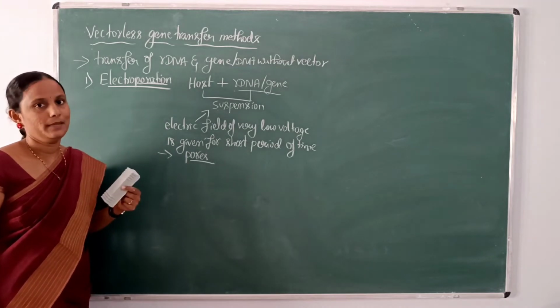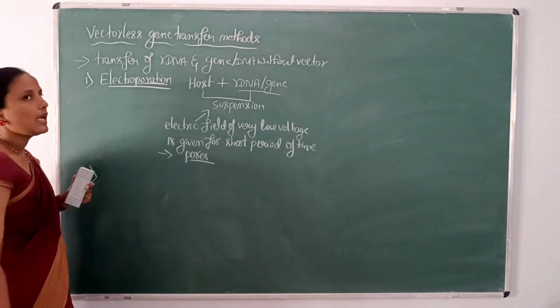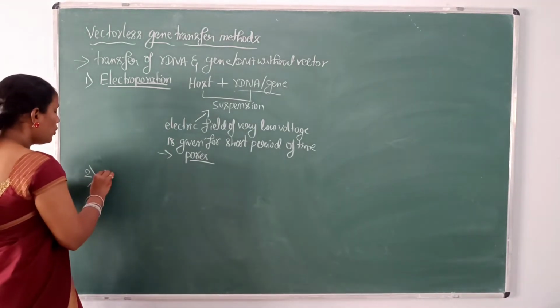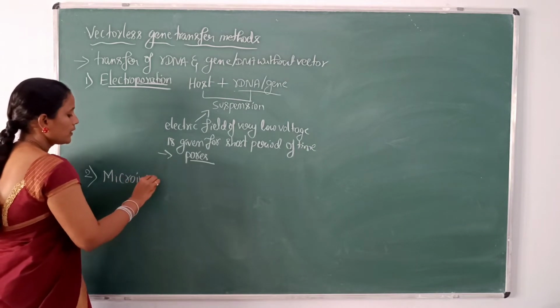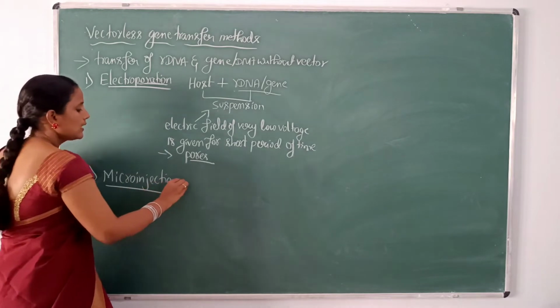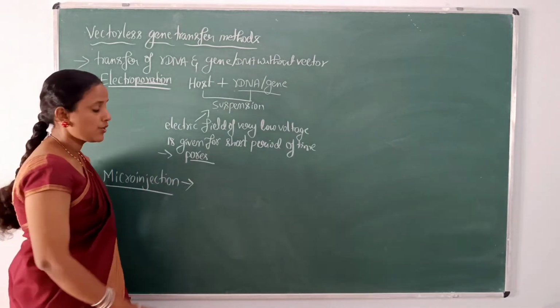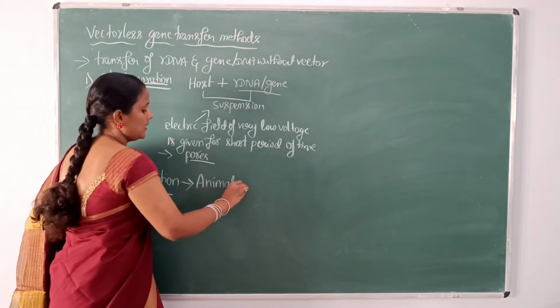This is one method. Then the second method available is microinjection. This microinjection technique is popularly used for transferring the genes into animal cells.